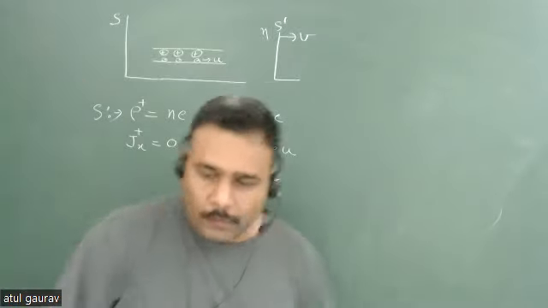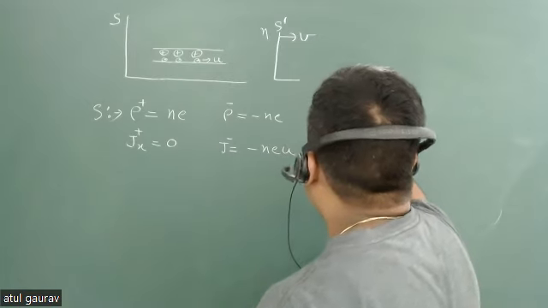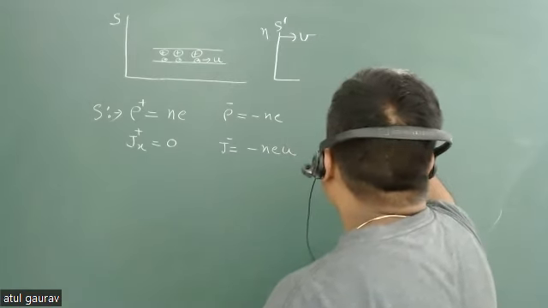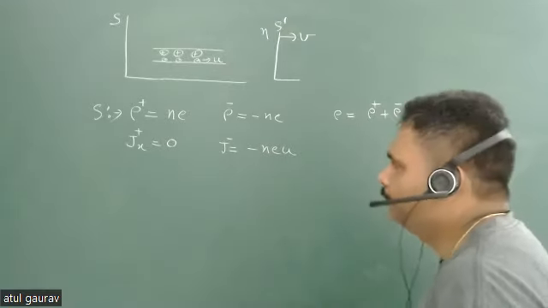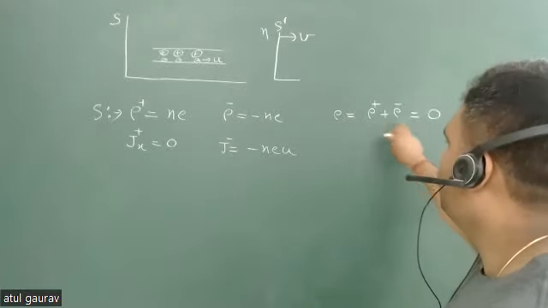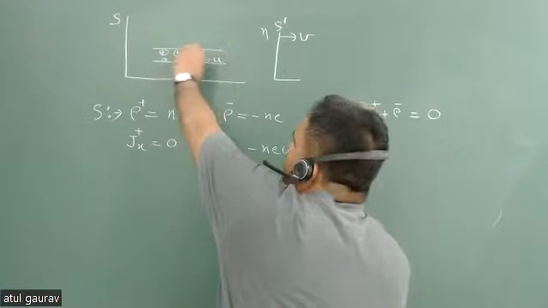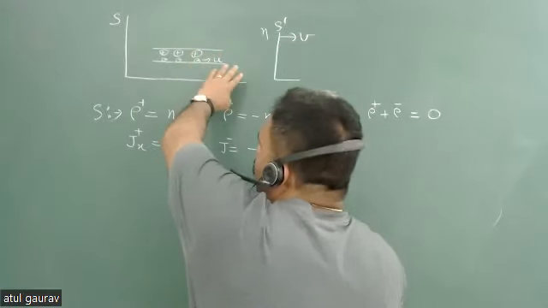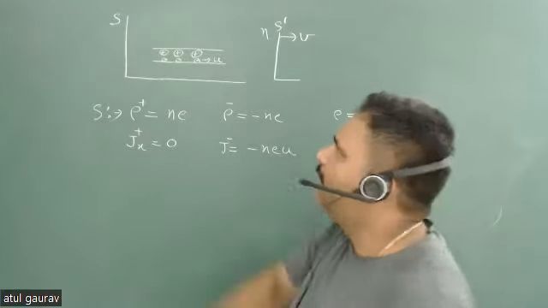Now, what will be your total charge? The combined charge is rho plus plus rho minus, so that value is equal to 0. Are you getting my point? Rho plus and rho minus sum to 0, and you know that this wire is electrically neutral with respect to the S frame.